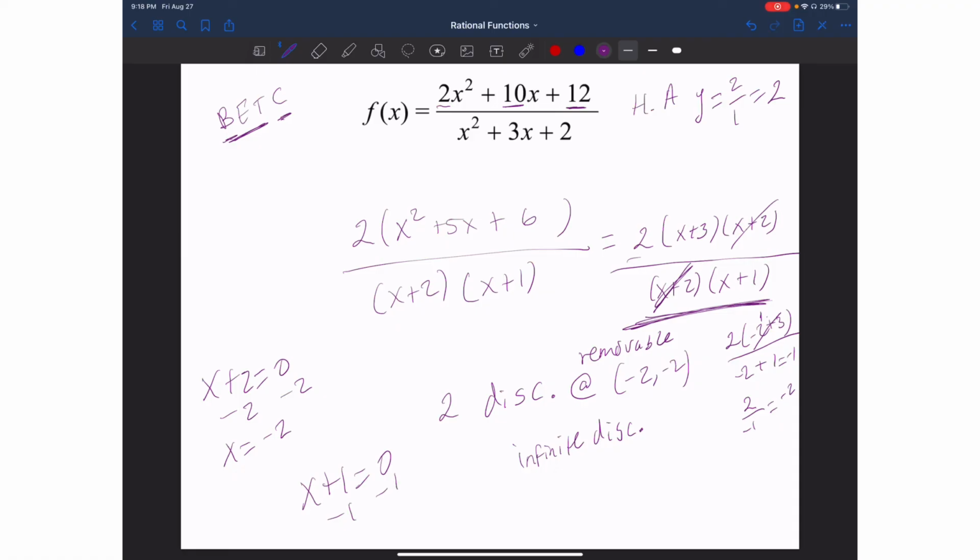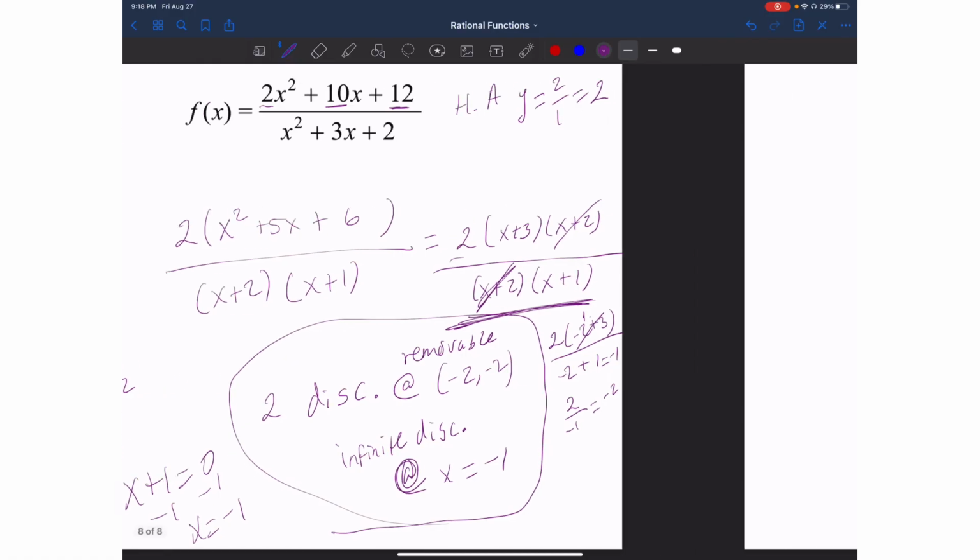I'm going to subtract 1 from both sides and get x equals -1. So my infinite discontinuity will happen at x equals -1. I wanted to do some examples that have both, but again, they don't need to have both. It just depends on what happened after you factor, and then if something cancels out or something doesn't.